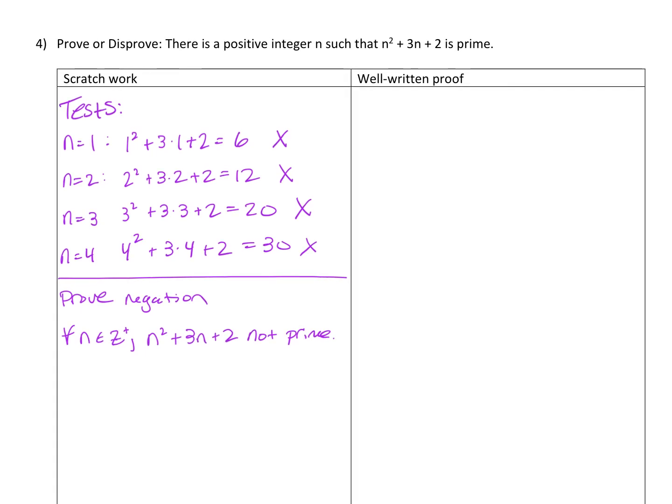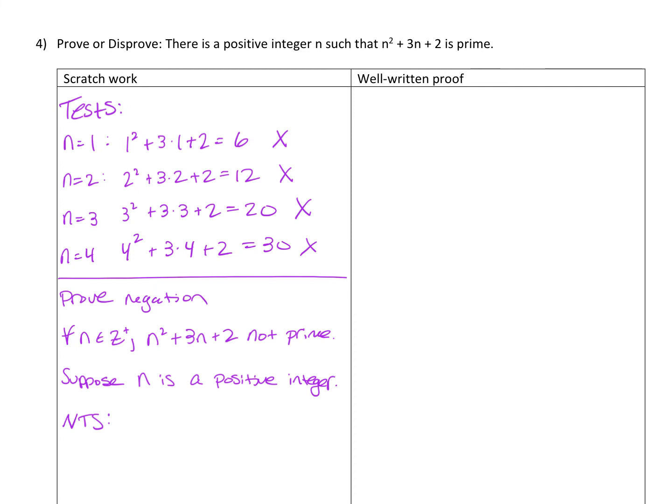So I should suppose n is a positive integer. And then I need to show, NTS often abbreviates "need to show."